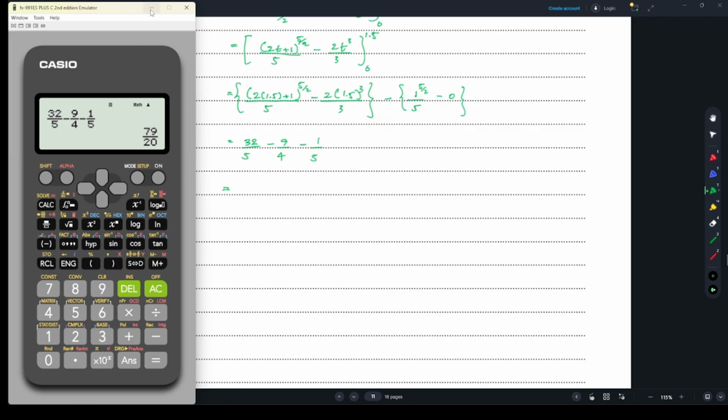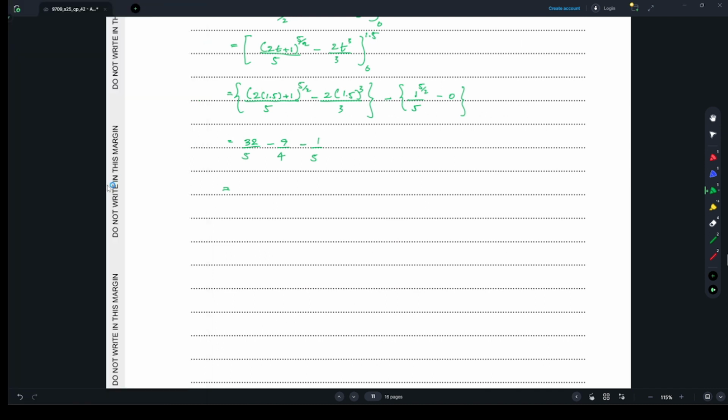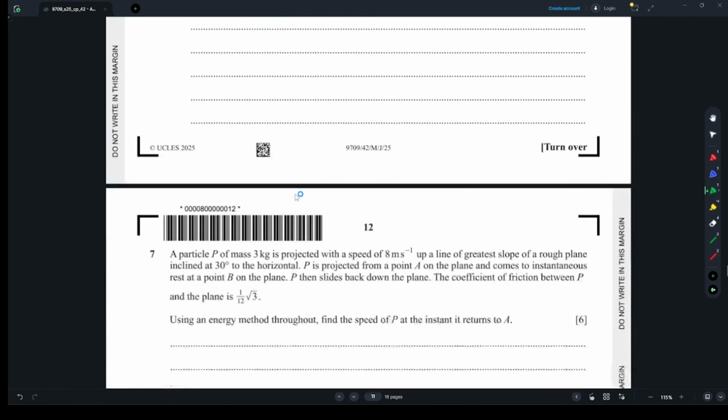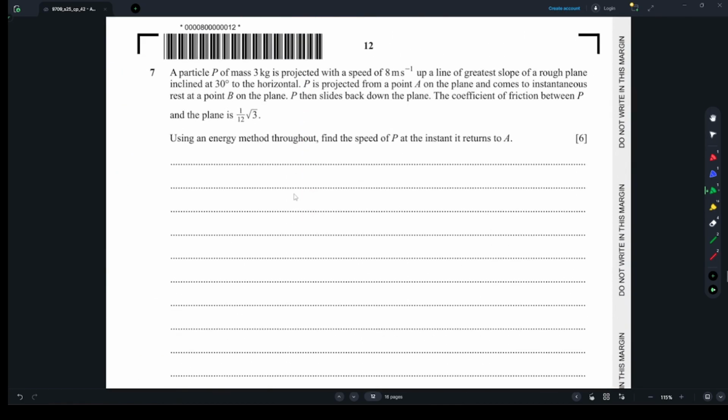So 79 over 20, and in decimal 3.95. So 79 over 20 equals 3.95 meters, to 3 significant figures. Okay, so it's done. Right.